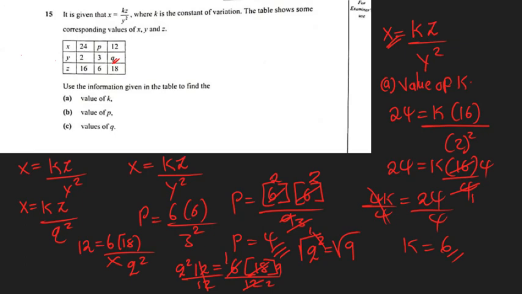What is the square root of 9? Positive or negative 3. So q is plus 3 or minus 3.